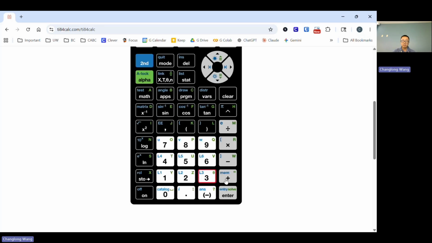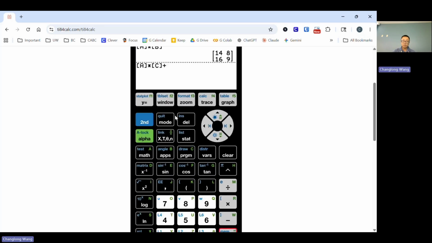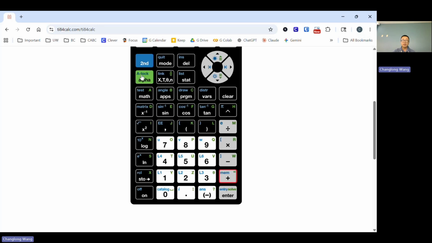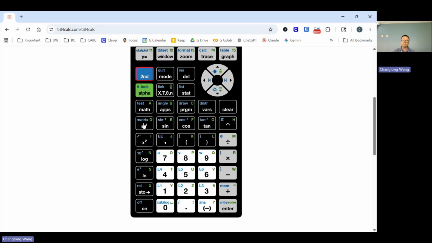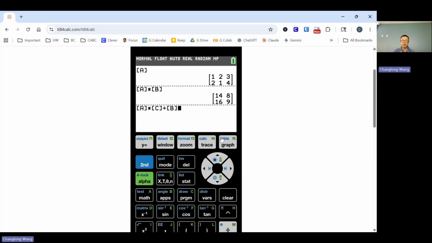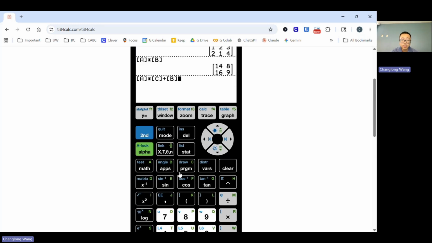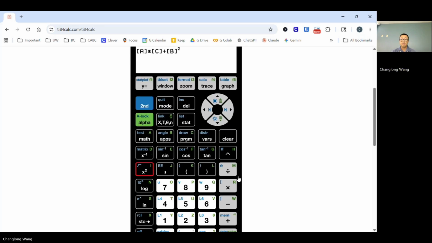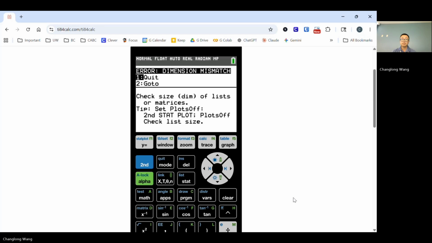Keep typing: plus B squared. You thought that you have to type in B times B? No, the calculator is smart enough. If you do B and do the square, you see the square there? X squared. Square it. Hit enter. Oh, what does it say? Dimension mismatch.